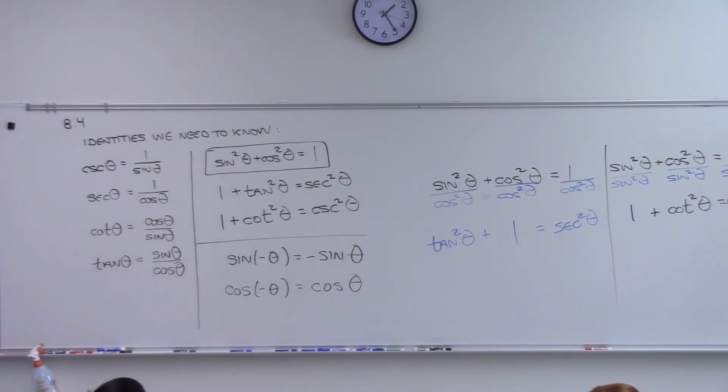If I could have somebody look back in their notes from last class, can someone tell me the last problem I did, the proving of an identity? I know I was doing some problems right from the homework. Sine theta times cotangent theta plus tangent theta equals secant theta. Yep. All right. So let's do this one.